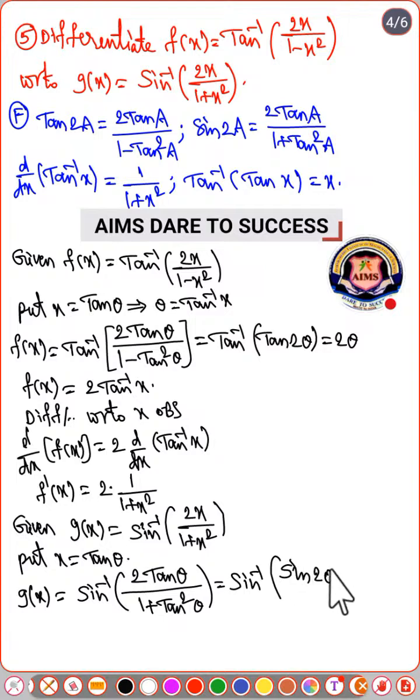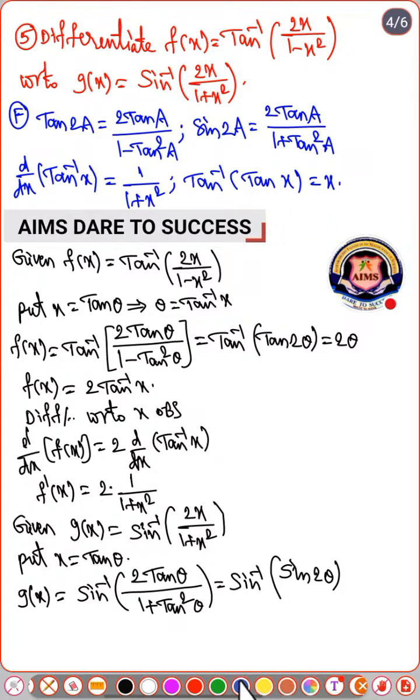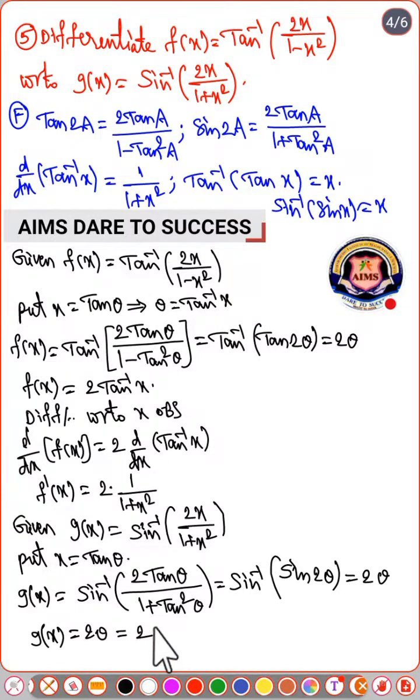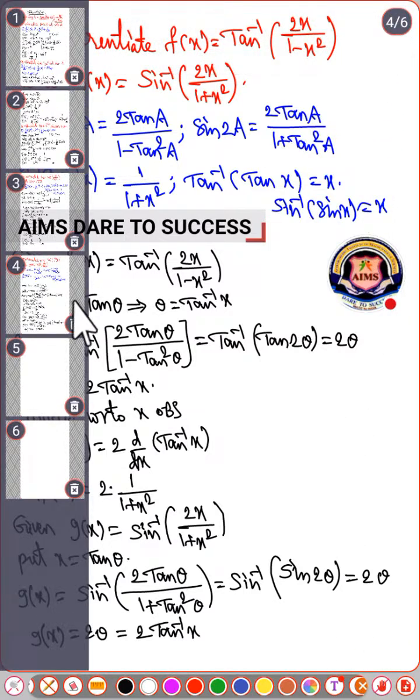So sin inverse of sin 2 theta; here we use one more formula from inverse trigonometric functions: sin inverse of sin x is equal to x. So sin inverse gets cancelled, and we get g of x equal to 2 theta, which is 2 into tan inverse x.